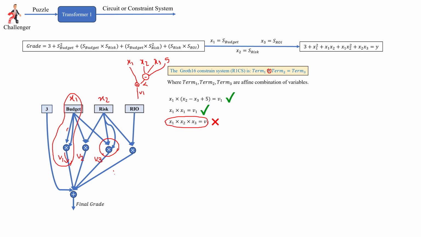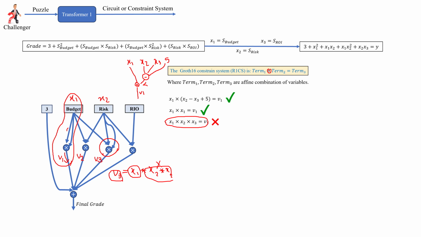So the gate V3 equals X1 multiplied by X2 multiplied by X2, right? So we can consider this one as term 1, term 2, and term 3.